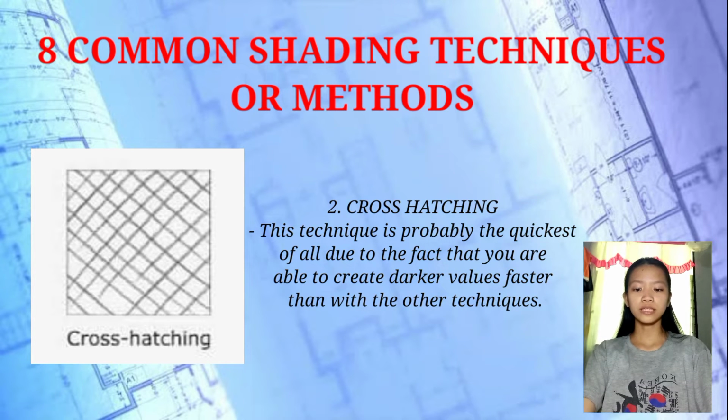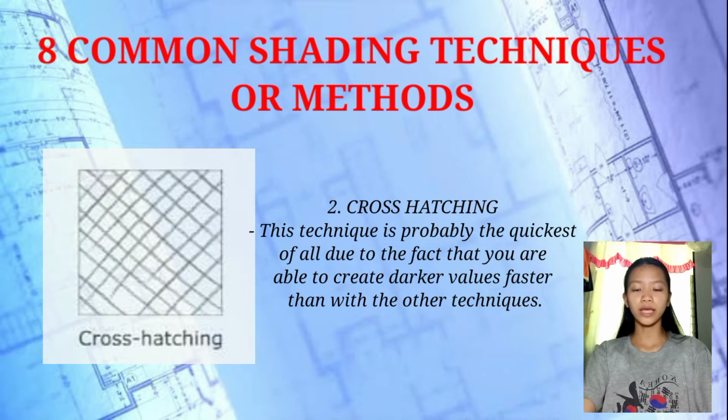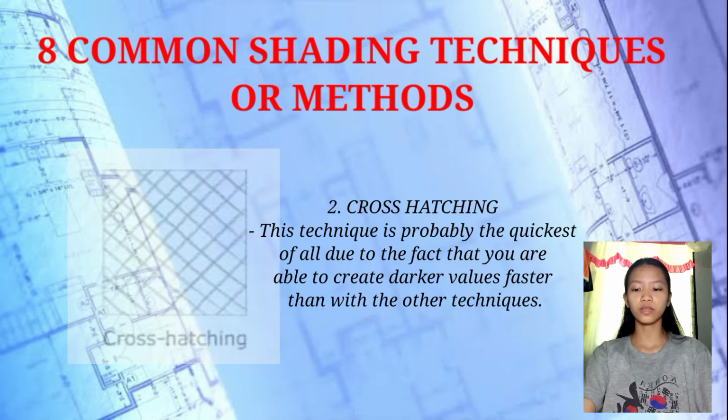You create a first layer of parallel lines and a second layer of lines is drawn on top in a perpendicular or nearly perpendicular manner. This technique is probably the quickest of all, due to the fact that you are able to create darker values faster than with the other techniques.